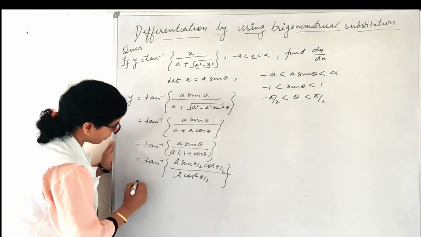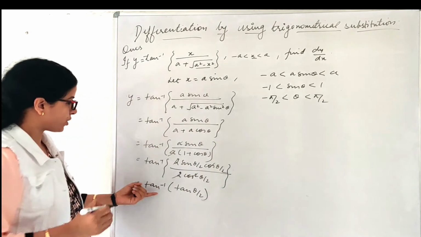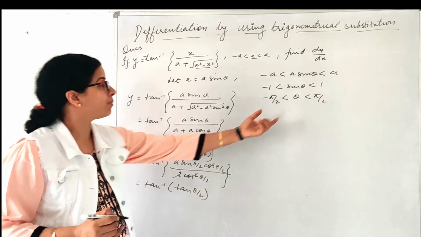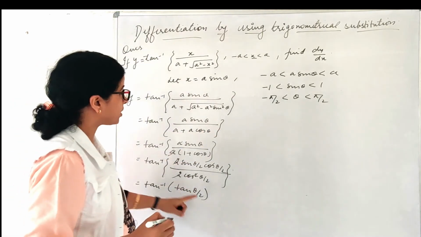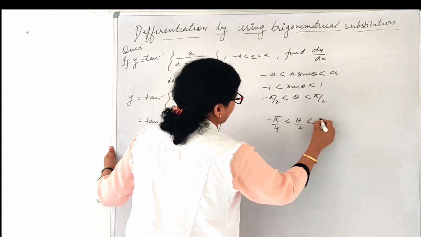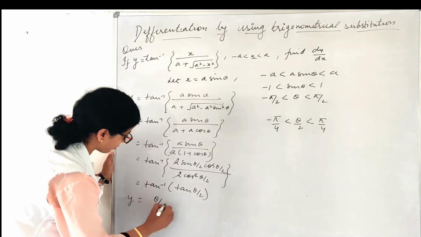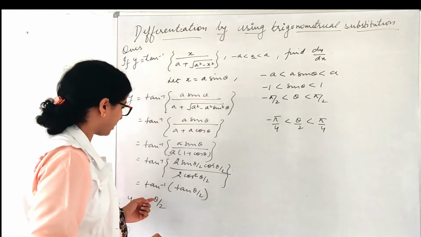So if we cancel out, we are getting tan inverse of tan theta by 2. Now I have to check what tan inverse of tan will become, by checking the angles. So I have here theta by 2, so it will become minus pi by 4 < theta by 2 < pi by 4. So it means tan inverse of tan theta by 2 will become theta by 2.